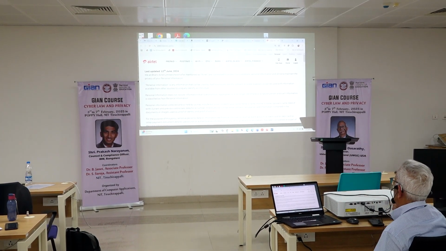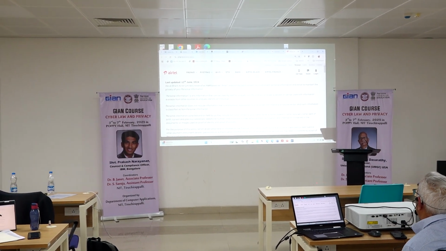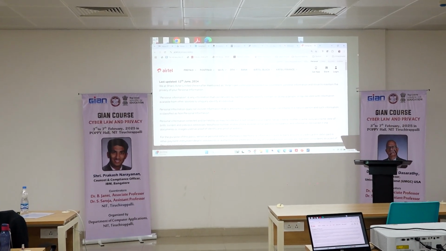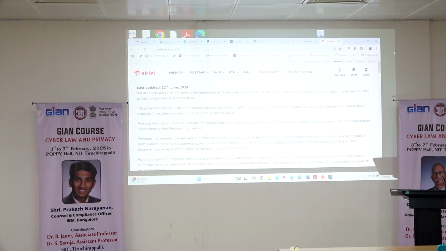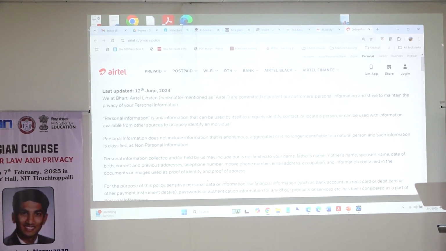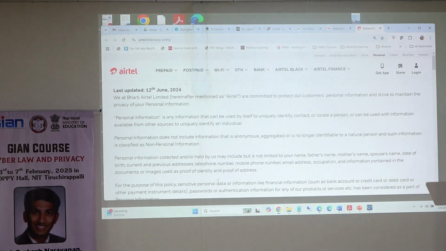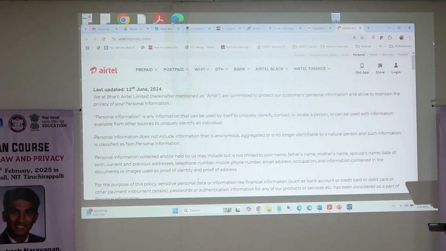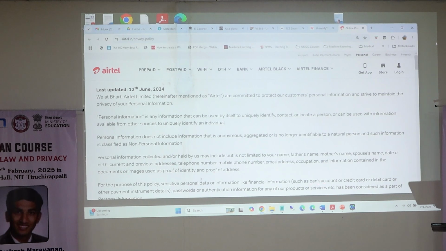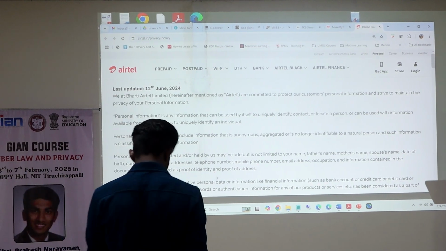And then they say, these are the things that we are collecting: name, father's name, mother's name. I still don't understand why they have to collect your father's name and mother's name. It's somewhat irrelevant, but they are collecting that information. And spouse's name, if they share the bill, I understand.